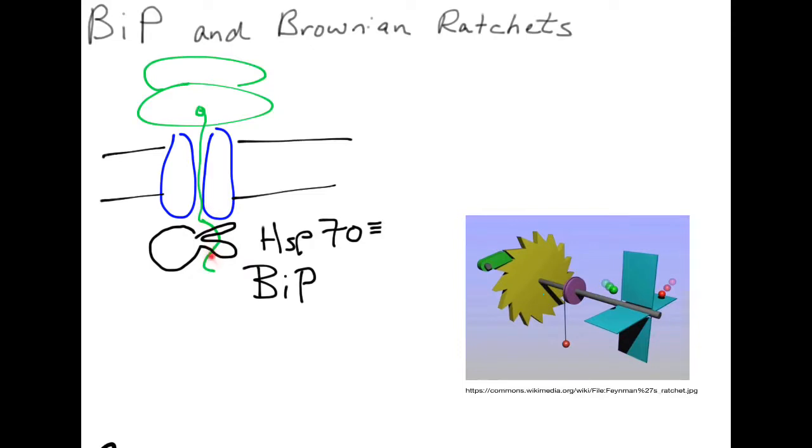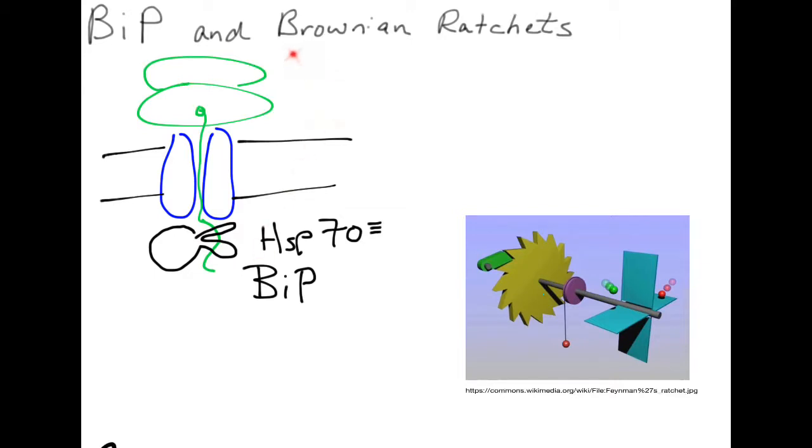By putting BiP here and having it do what it does, which is to bind, release, bind, and release, what you're doing is preventing the Brownian-based diffusion of the nascent chain back in this direction. So you're essentially causing the movement associated with Brownian motion to only be in the direction that you want it to go, which is into the interior of the ER, into the lumen of the ER.